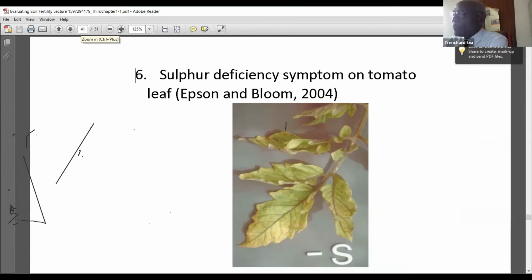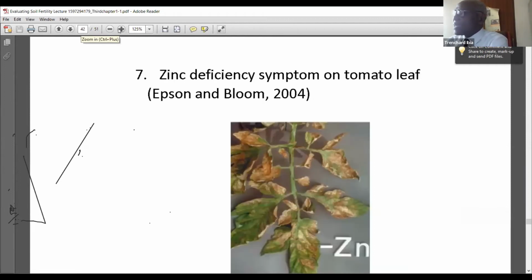Zinc. Zinc shows an advanced stage of interveinal necrosis, dead portions, very, very conspicuous. And of course, they can be colored. Molybdenum.